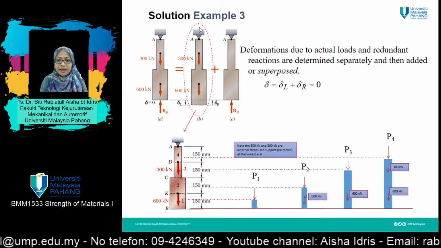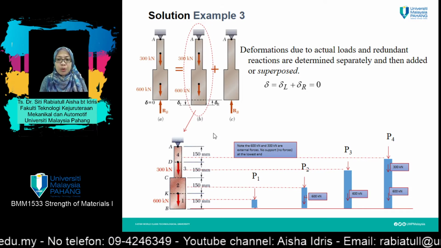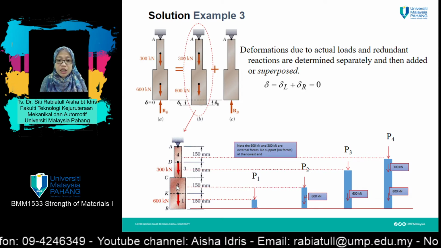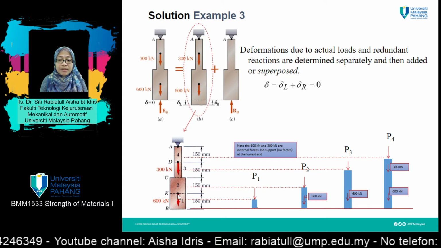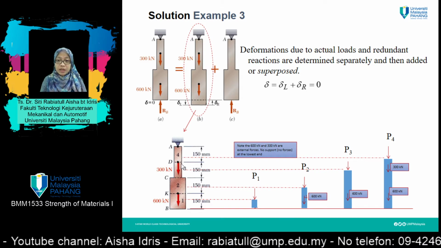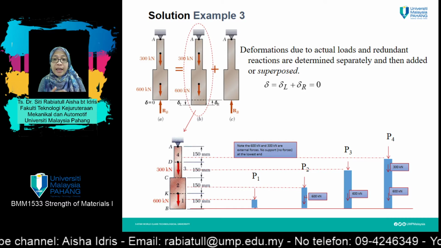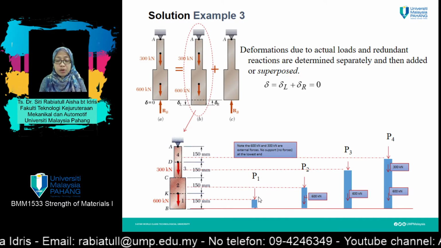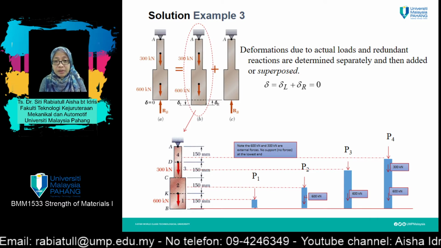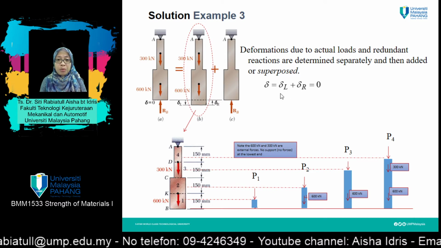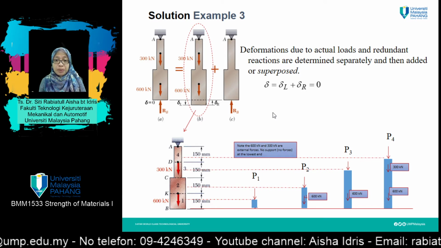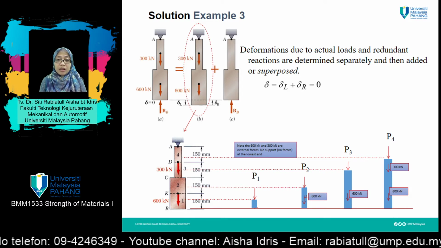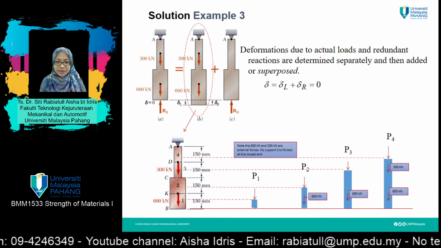So the first step is that by using this free body diagram, we need to find the value of each P, or forces, at each section due to the existence of the axial loading and the changes in section. Why do we need to find this value of P here? Because we know that the formula for delta is PL over AE, and therefore we need to find the value of forces for each section.